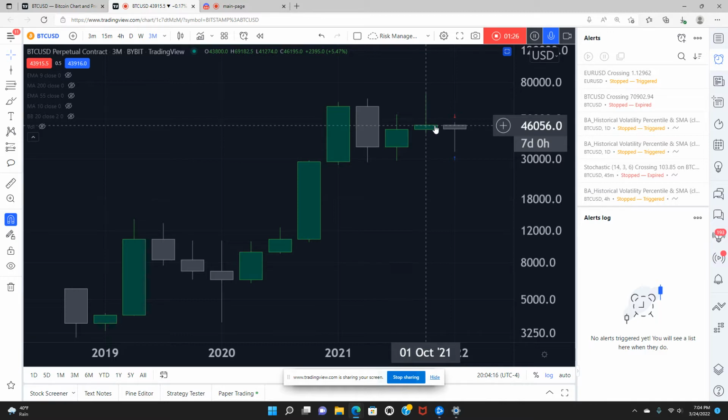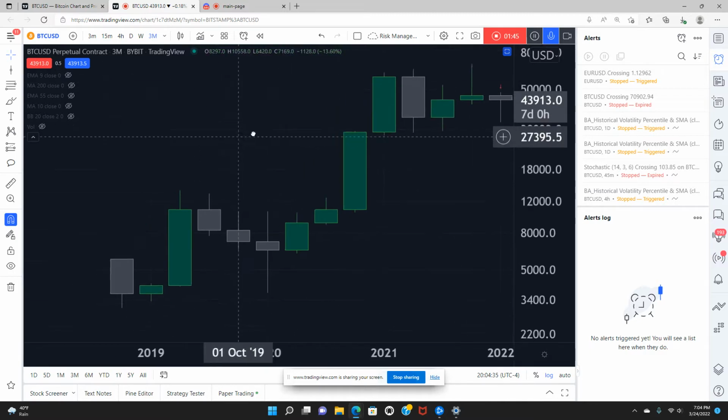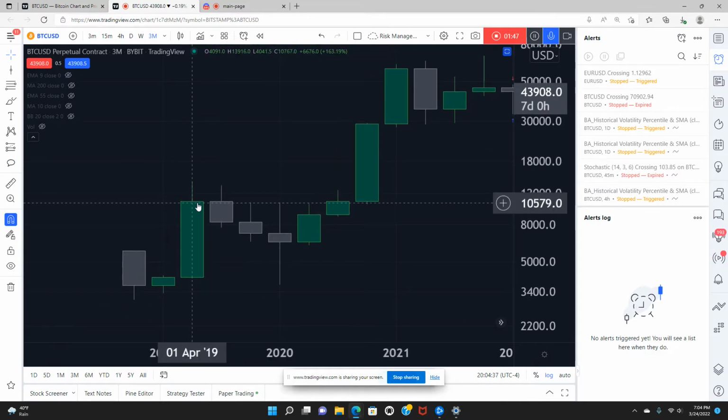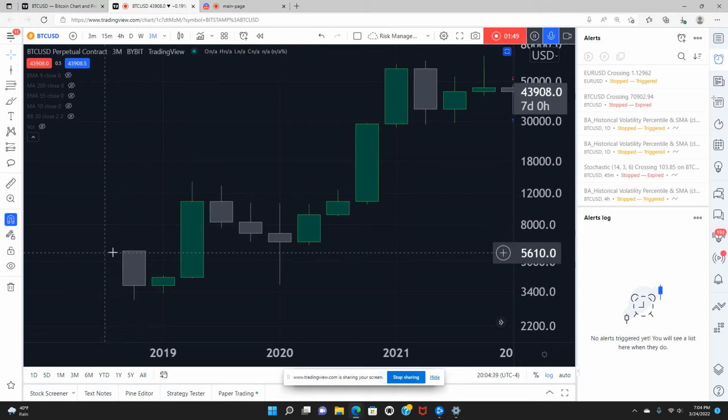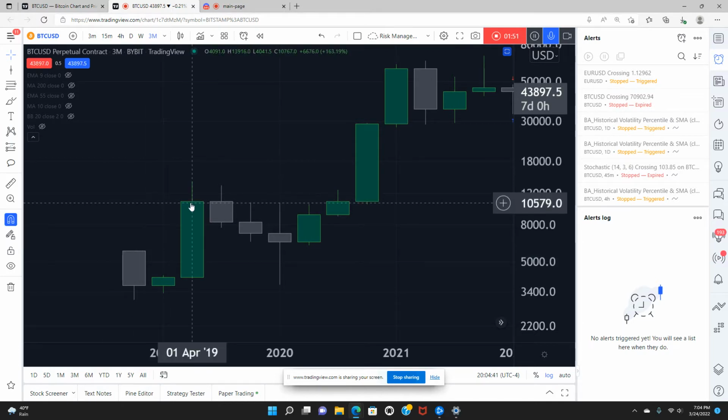But question to you then, do you put emphasis if there's a full body close versus a wick? Yeah, I don't really put so much emphasis on that. This is a full body close right here, right above these highs. Is that a great place to get long?